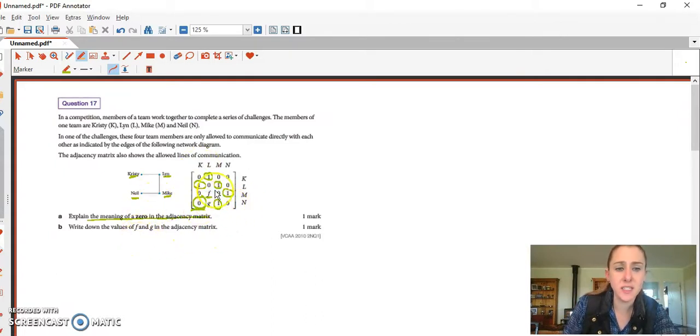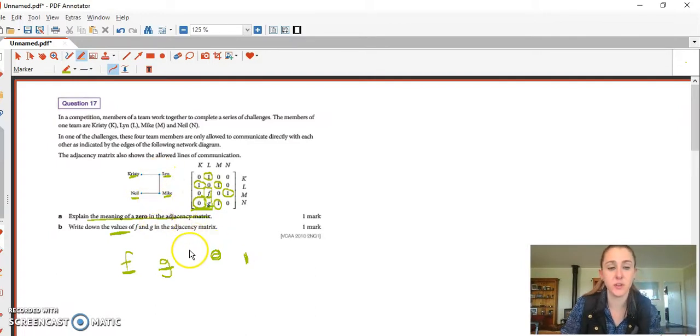Now we've got these 2 values in here, F and G. They've been designated the labels F and G, but they do actually hold values. Because we can see that there are no multiple ways, it's either going to be a 0 or a 1, because there are not 2 edges connecting Neil and Mike, or Mike and Lynn, for instance.